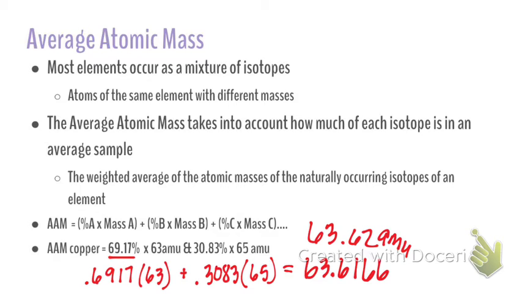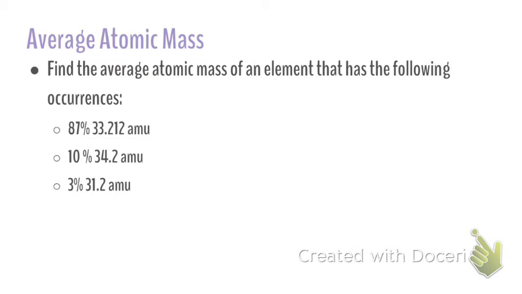Okay, does that make sense how average atomic mass is calculated? Yeah, Faith. Try this one on your own. It's important here to make sure that we do convert those percentages into decimal places. So you need to move it 2, right? Good.